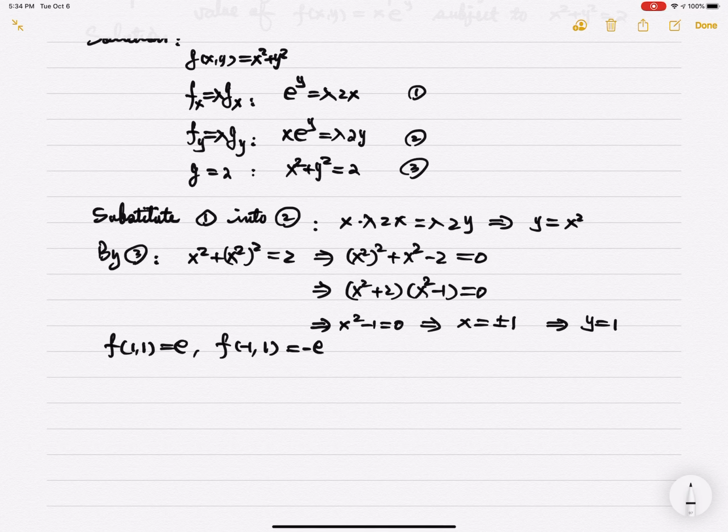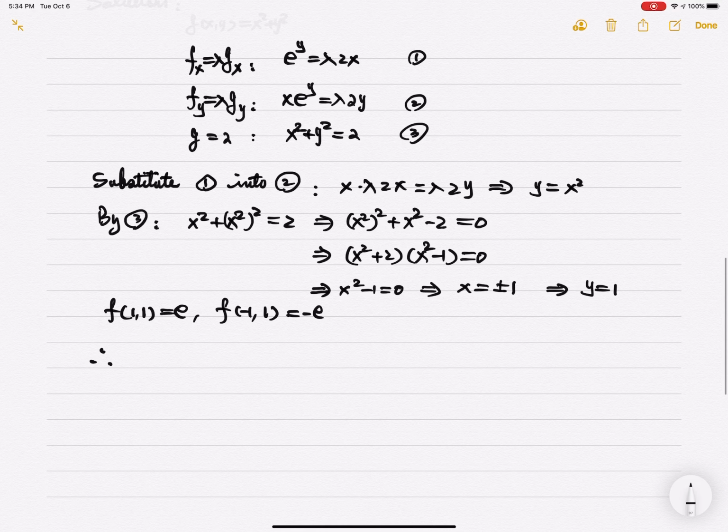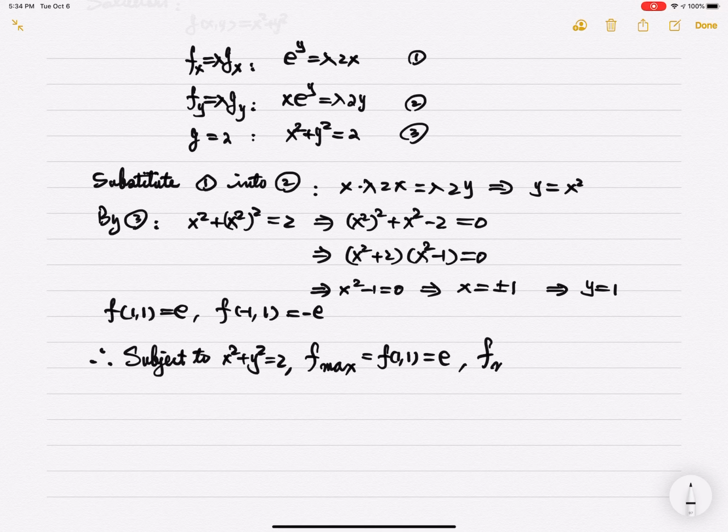Therefore, subject to x squared plus y squared equal to 2, f max is equal to f at (1,1), which is equal to e. f minimum is equal to f at (-1,1), which is equal to negative e.